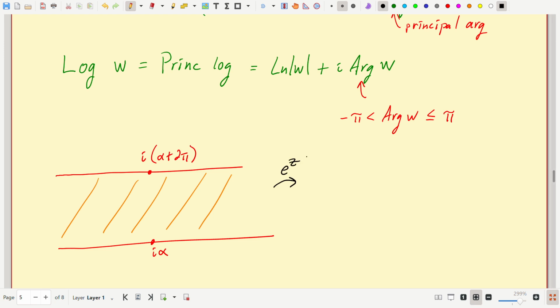E to the z would map that. The line e to the i alpha is a thing like this. This would be angle alpha. And I'd start with radial lines at that angle alpha and go all the way around to alpha plus 2 pi.